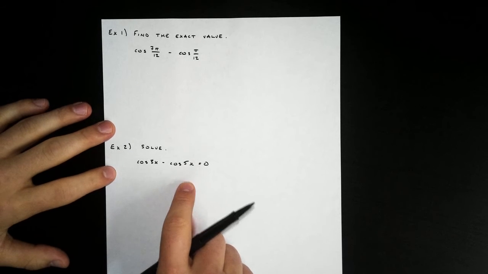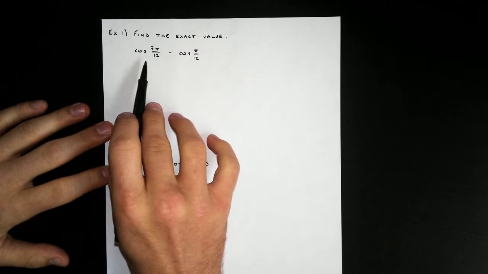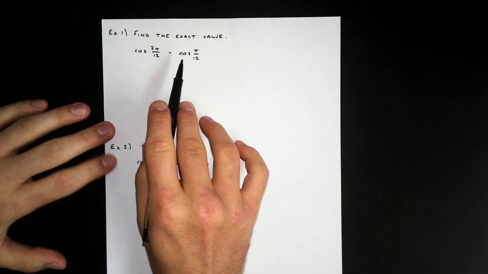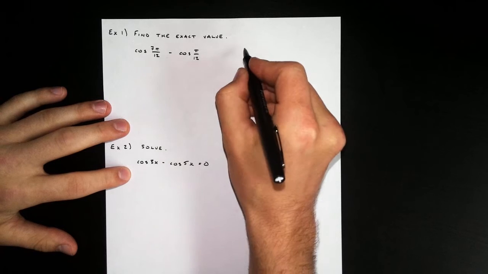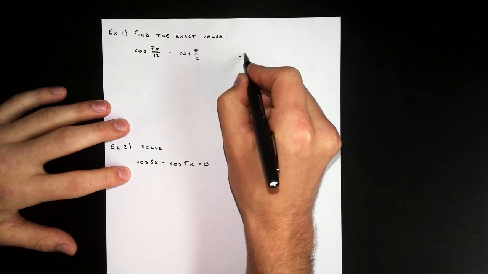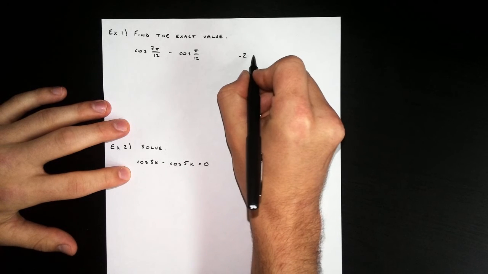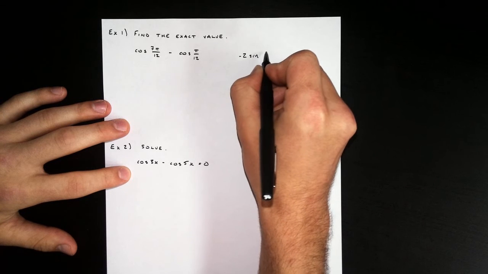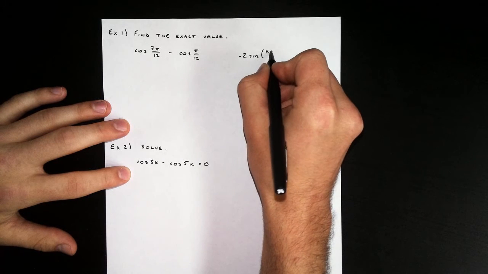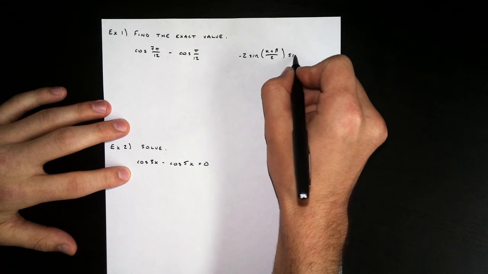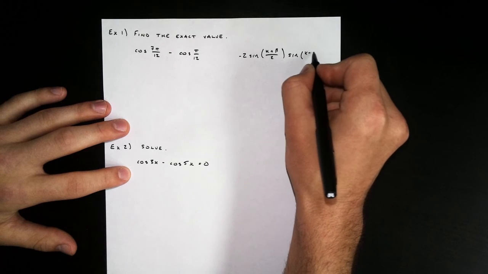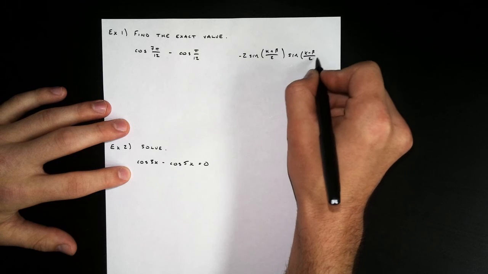Okay. So here we have two cosines. They're being subtracted. So our identity for this, I'll just jot it over here on the side. So the identity is -2, and then it's the sine of the two angles added together divided by 2 times the sine of the two angles subtracted divided by 2.